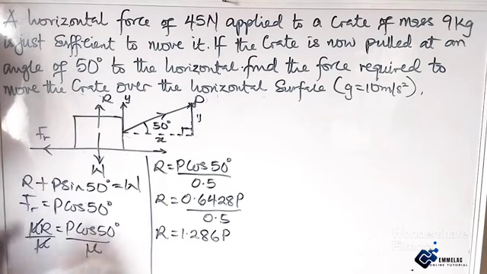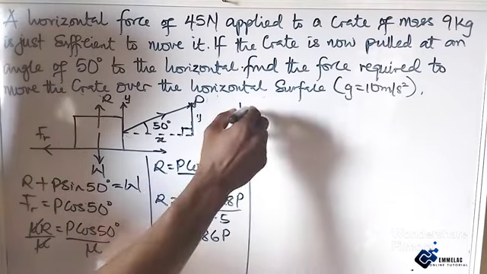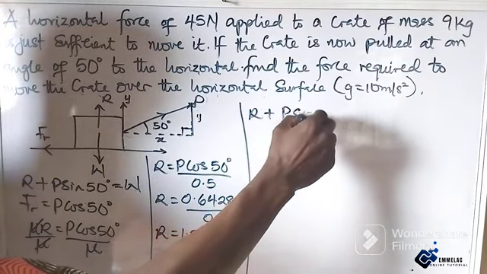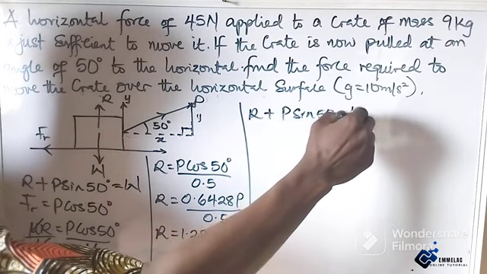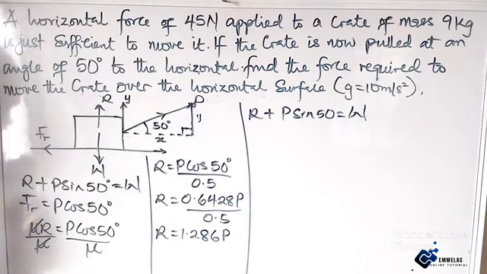So coming over to here, I'll say that R plus P sine 50 equals the weight. And sine 50, let me get the sine 50 here. That will be 0.7660.